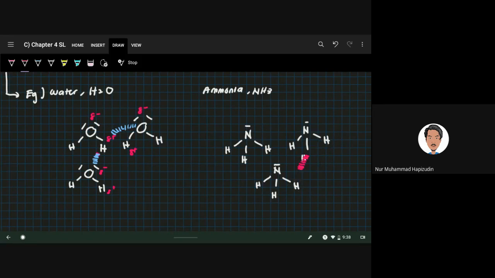So this hydrogen is attracted to the nitrogen from another molecule also.